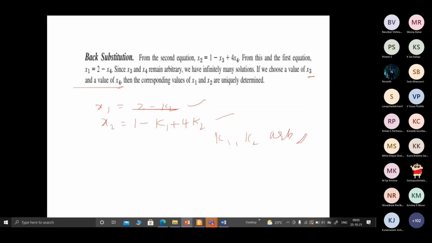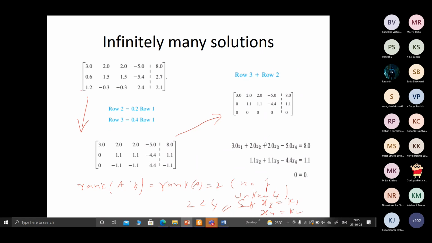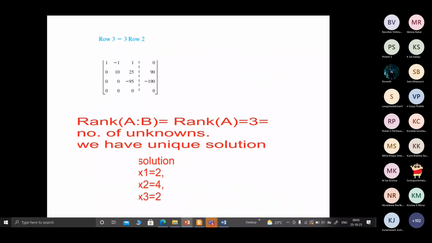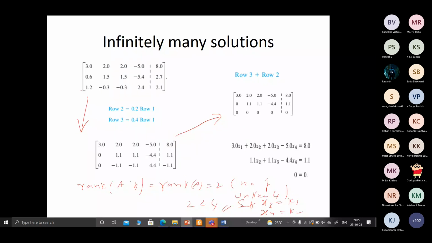Set x3 equal to k1, x4 equal to k2, or you can set x3 equal to k2, x4 equal to k1. Absolutely no problem. You can interchange that. That's the idea here.